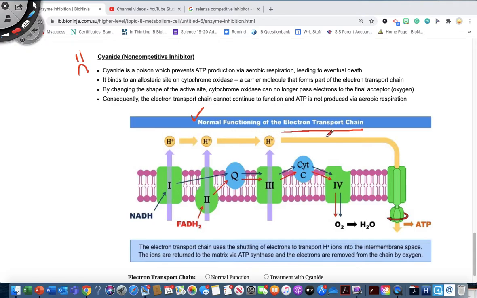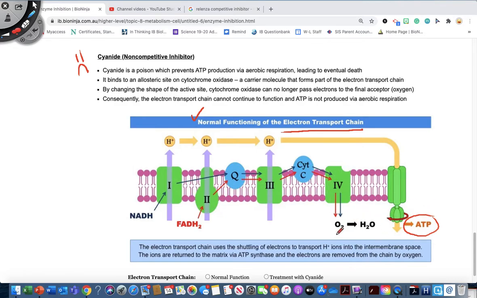Now, these hydrogen ions come back in through a protein called ATP synthase. When these hydrogens come back in, that generates ATP. And then ATP is used by the cell for energy. So that's how you get energy in your cells. Cellular respiration gives you energy. Remember, 1 glucose molecule equals 36 molecules of ATP.